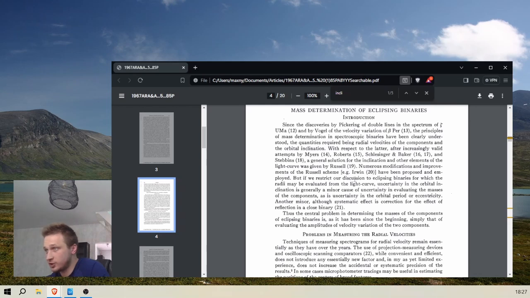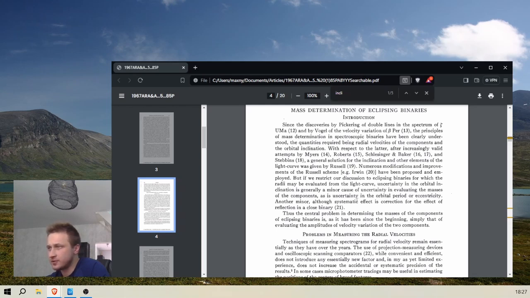But if we restrict our discussion to eclipsing binaries, for which radii might be evaluated from the light curve, uncertainty in the orbital inclination is generally a minor cause of uncertainty in evaluating the masses of the components, as is uncertainty in the orbital period or eccentricity.